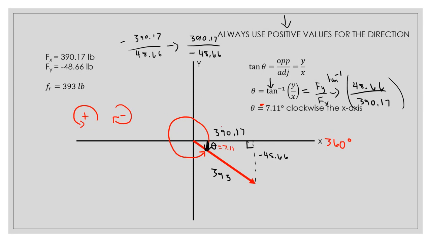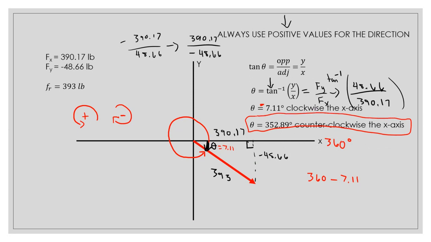So if the full circle is 360 and the chunk we want to cut out is 7.11, just subtract the two. That gives you 352.89 degrees counterclockwise from the x-axis, just the opposite direction. That is the most common way they ask these types of problems.